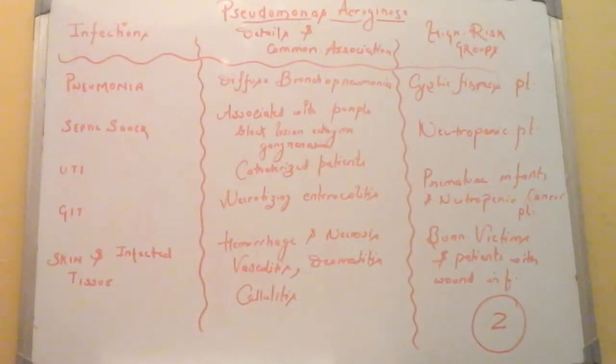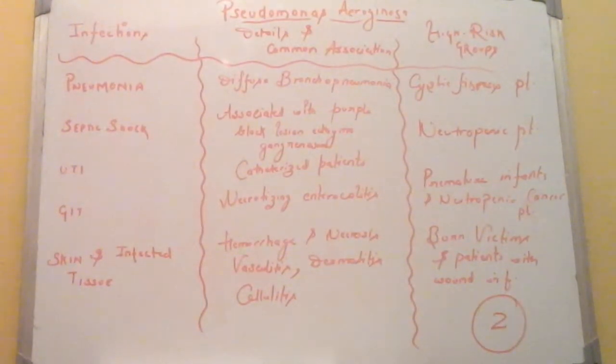Okay, so let's talk about the physical findings, depending upon the site and nature of the infection. It will be endocarditis. I didn't mention it here, but it is also important. Endocarditis, pneumonia, GIT infection.